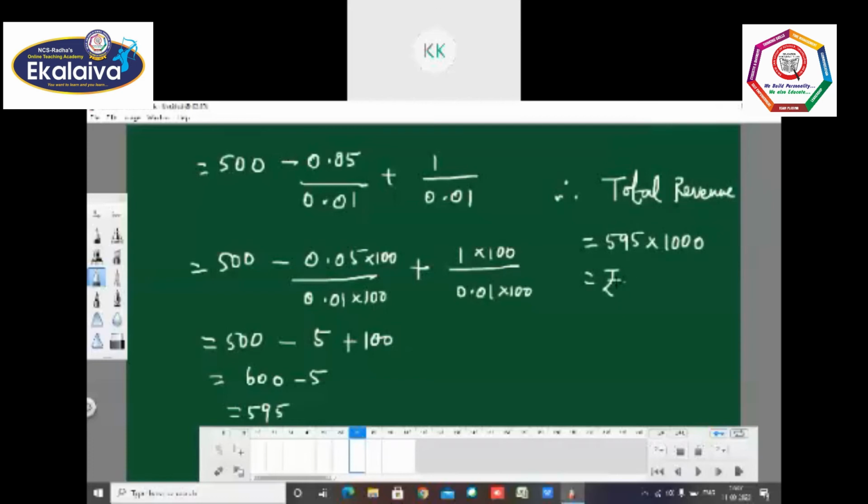So what is the value? 500 minus 5 plus 100. 500 plus 100 is 600, 600 minus 5 is 595.